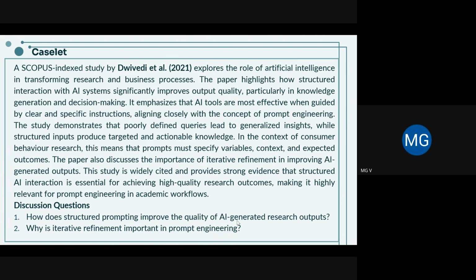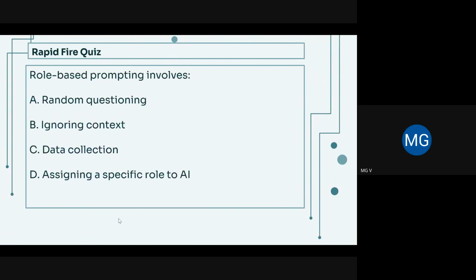Iterative, I hope you know. Iterative refinement allows continuous improvement of outputs by correcting and enhancing prompts based on previous responses. Now, let us see what we have undergone. Role-based prompting involves, anyone? Yes, sir, you are right.